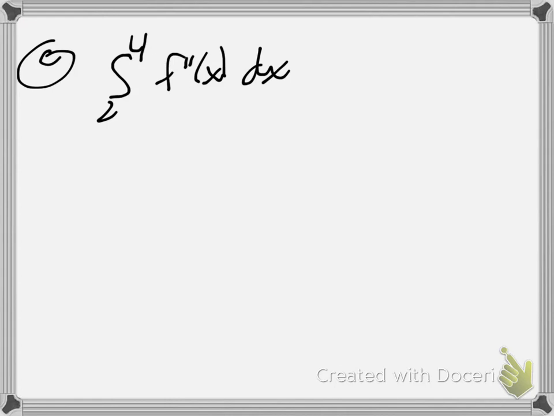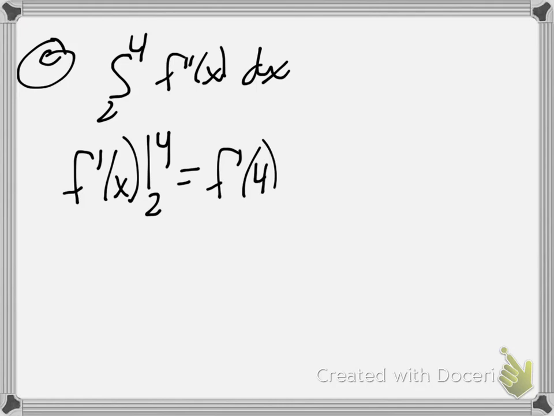Okay, part C, thankfully, is pretty simple, and it's worth 2 points. It has nothing to do with the other questions, so even if you're not going to do the other parts, you could still do this. You take the antiderivative of f double prime of x. The antiderivative is f prime of x as it goes from 2 to 4. So first you put in the 4, and then you put in the 2.